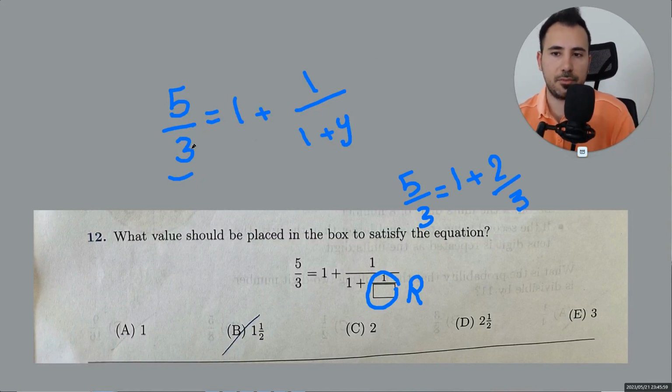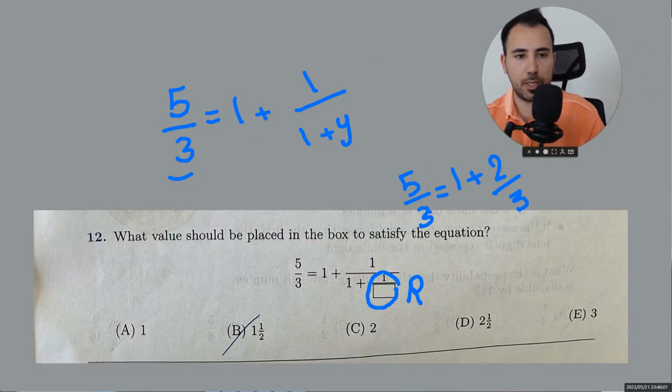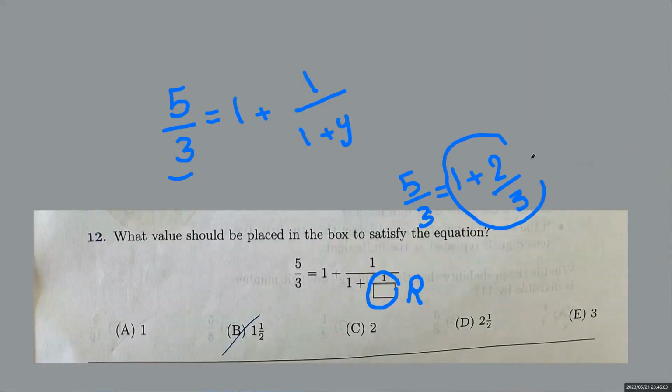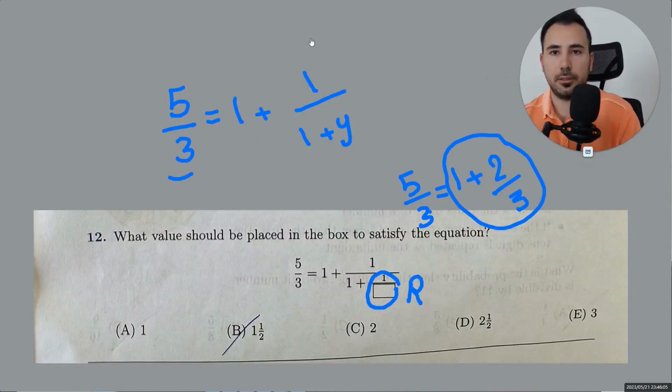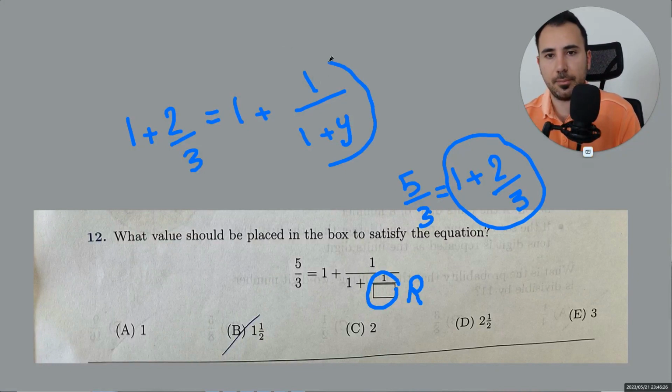So instead of this 5 over 3, we're going to write 1 plus 2 over 3. Okay, the reason I did it is kind of obvious now. You see that these ones are the same. So this has to be 2 over 3.